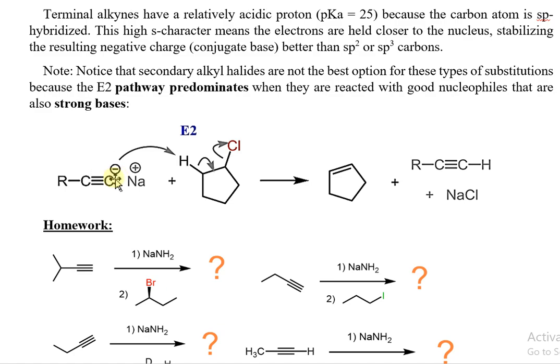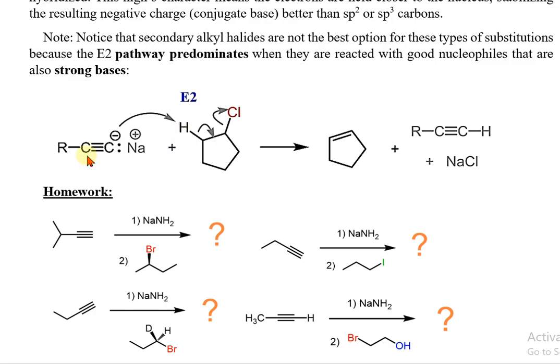For example, if you look at this reaction, the carbanion cannot attack from here to remove the halogen. So it's easier for this carbanion to remove the alpha proton and produce an alkene. This is the problem with the secondary alkyl halide. So the alkyl halide that we use in this reaction must be primary, because the mechanism is the SN2 mechanism.